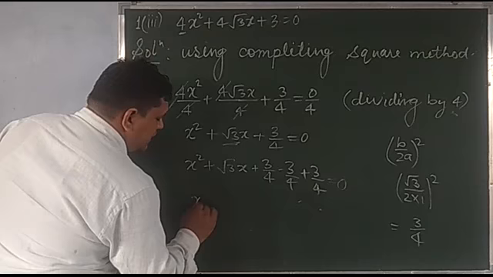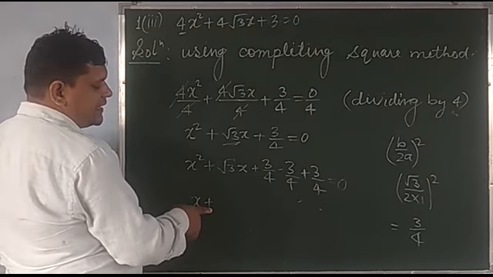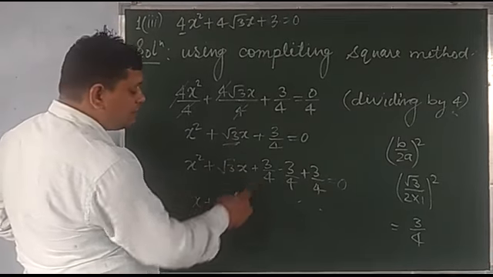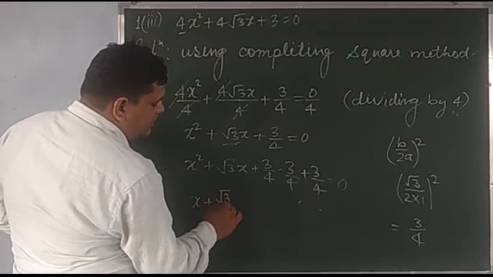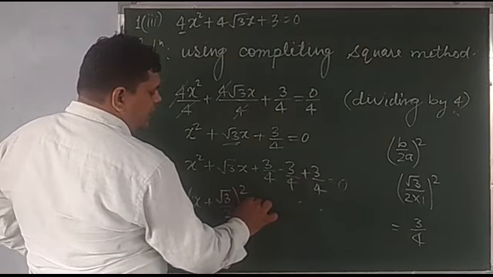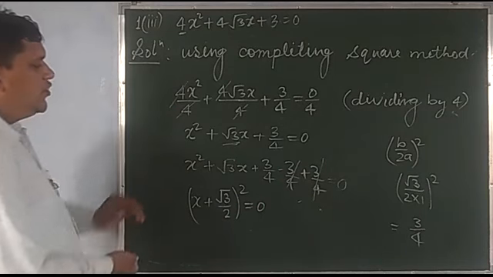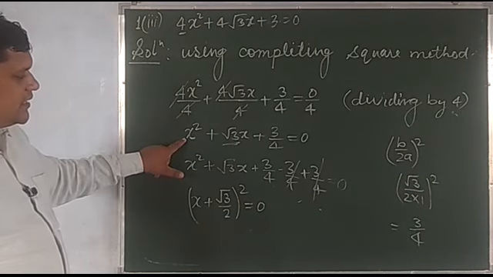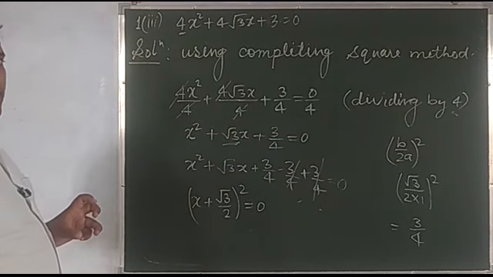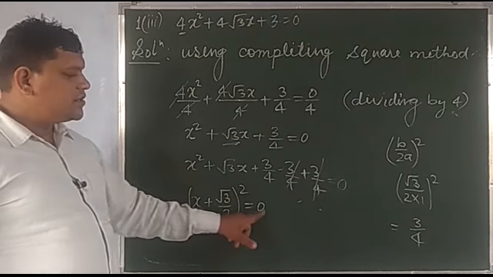So this will be x plus, the sign of the middle term, and under root of the third term, which is under root 3 upon 2 whole square. And the 4 values will cancel out. It means this value is equal to 0. It is not compulsory to write this term here; you can write the square term from here.